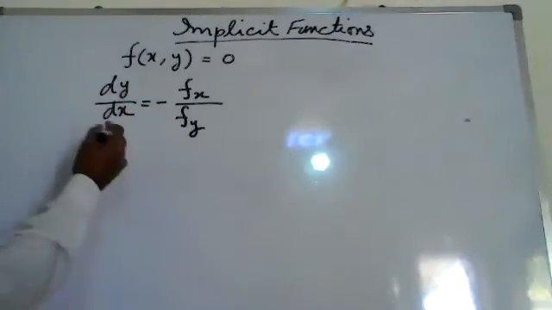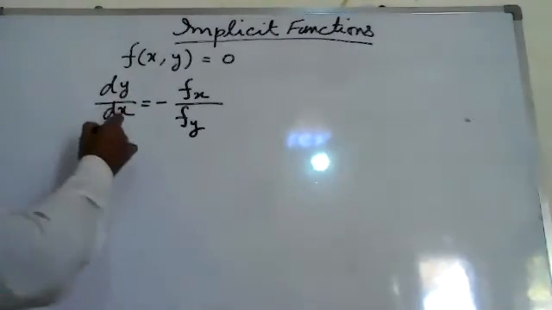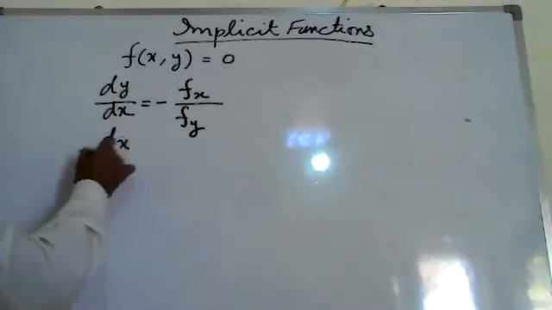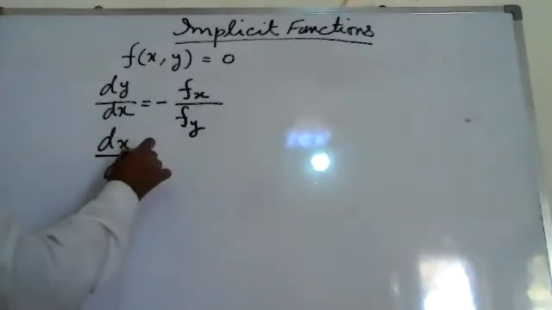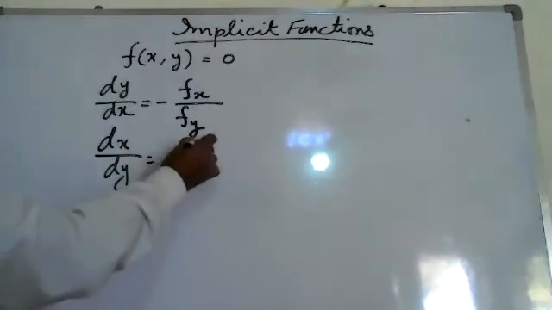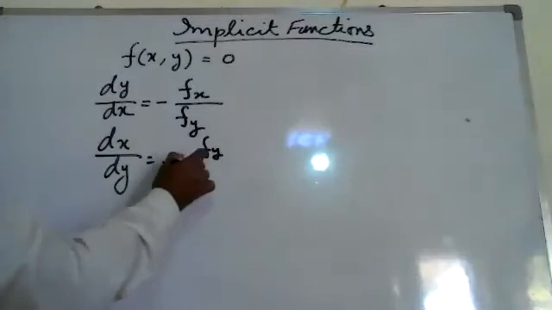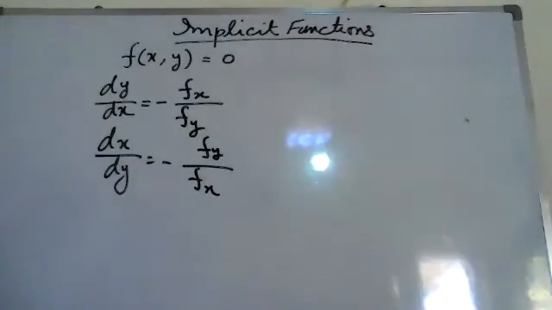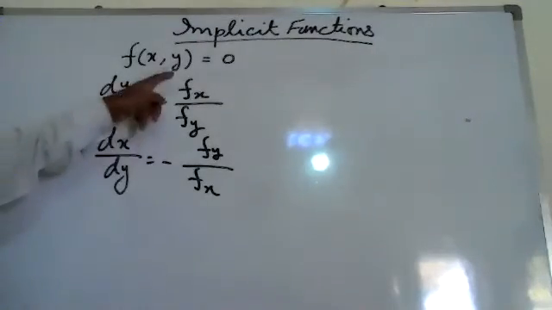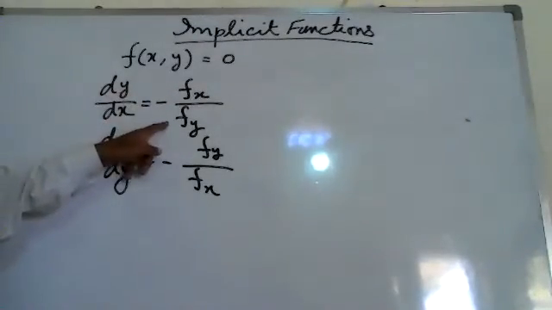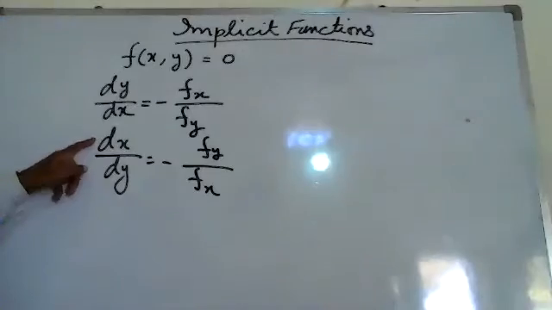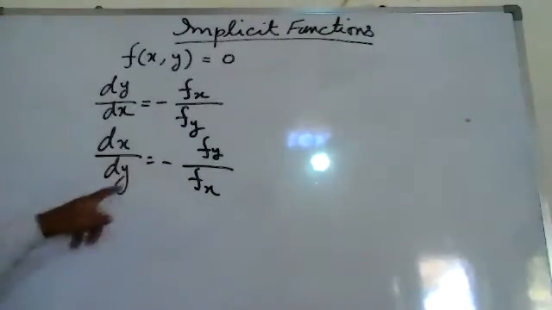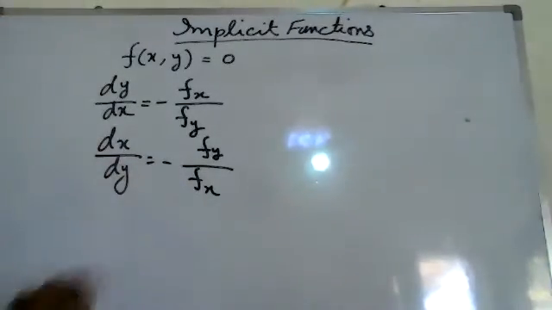If you want to find dx upon dy, it will be minus f of y upon f of x. So dy upon dx is minus f of x upon f of y, and dx upon dy is minus f of y upon f of x.